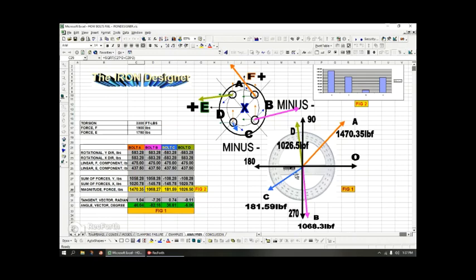What this is showing you is the perpendicular or the normal to the resultant in the same direction and same coordinate system as the rotational coordinate system.